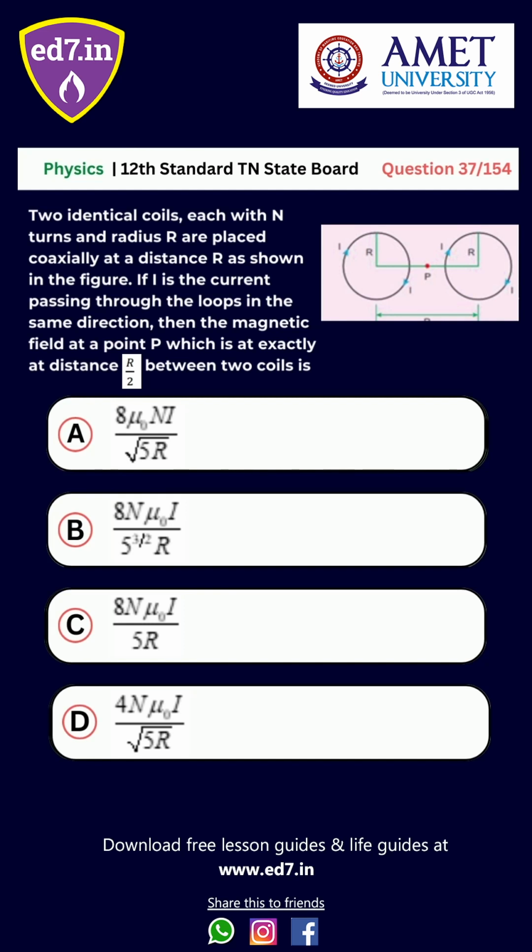The right answer is option B, 8n mu naught I by 5 power 3 by 2 r.